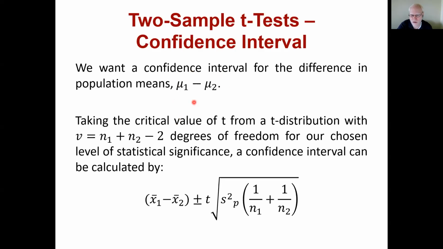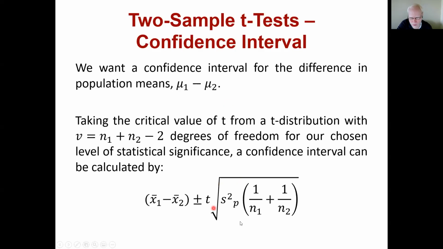So if we end up saying that we're 95% sure that the difference is between 2 and 4, then we can reject the null hypothesis that they're equal. So we're 95% sure that they're not equal. We're actually even more sure than that, because it goes from 2 to 4, so to hit 0 would be even further.